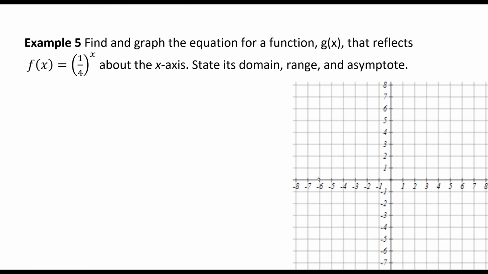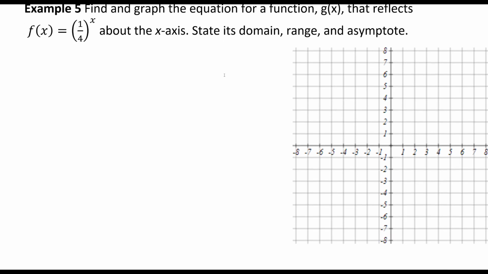So for example 5, we're going to graph the equation for the function g of x that reflects this graph about the x-axis. So the original function would look something like this. So -1 is going to be 4, 0 is going to be 1, 1 is going to be 1/4, then 1/16, and it gets small pretty quick.